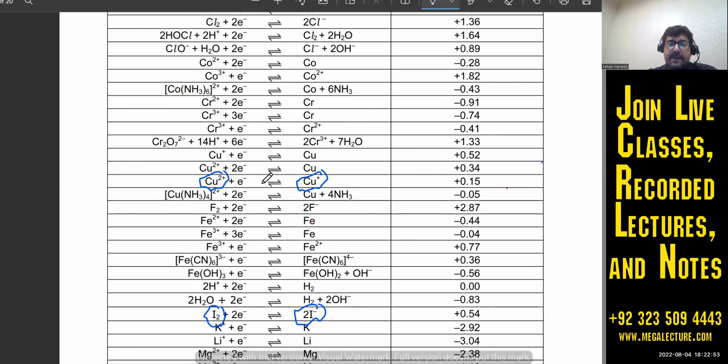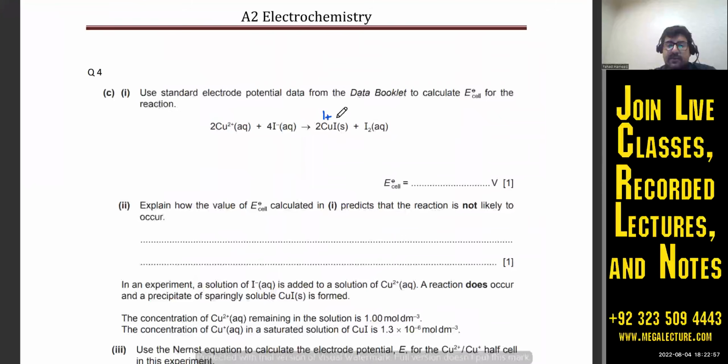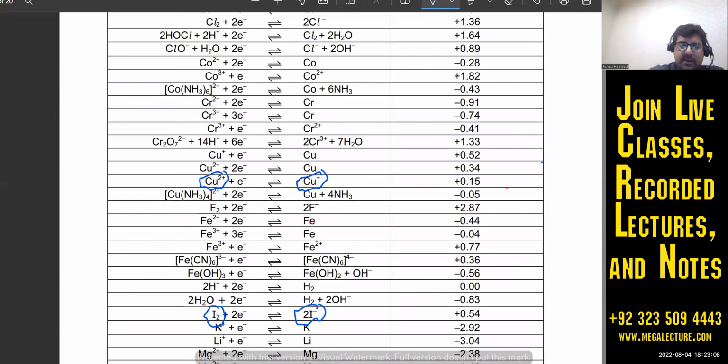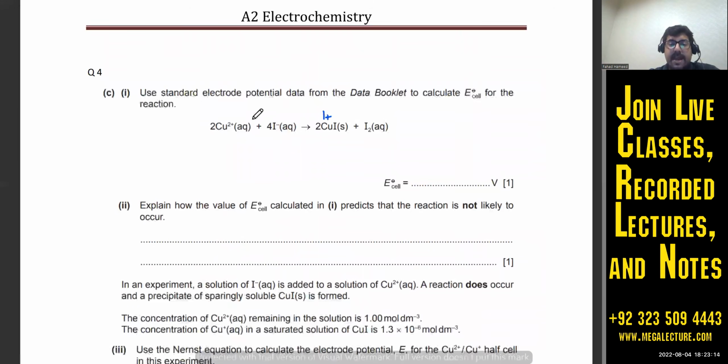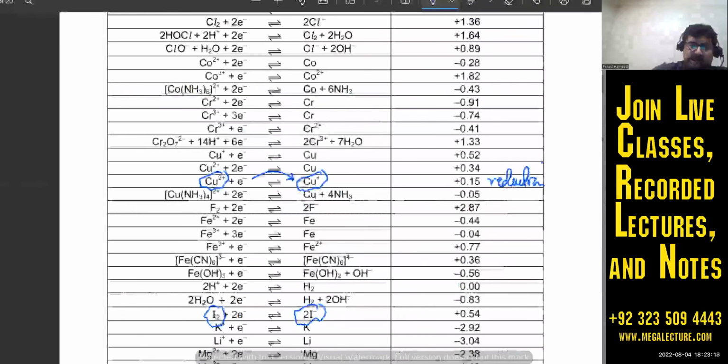Now I have to carefully first look at it. Okay, where is the equilibrium moving? The equation states that copper 2 plus changes to copper plus 1. So this is reduction happening, right? And what happens to iodine? I minus 1 changes to I2. So that means this reaction goes in the backward direction, right?